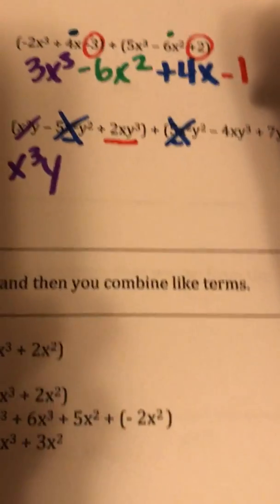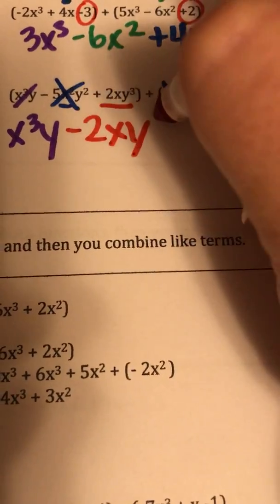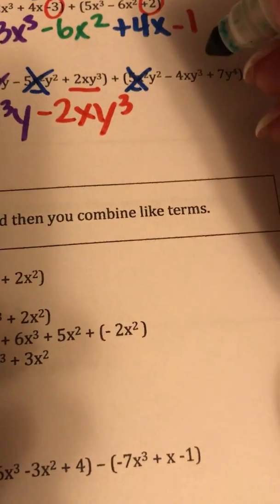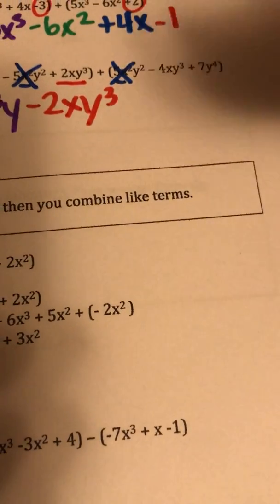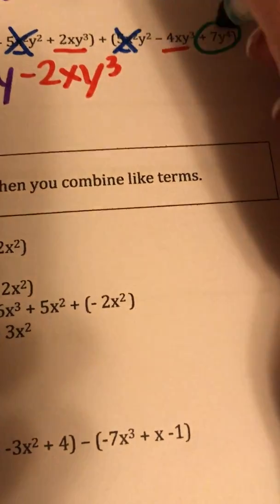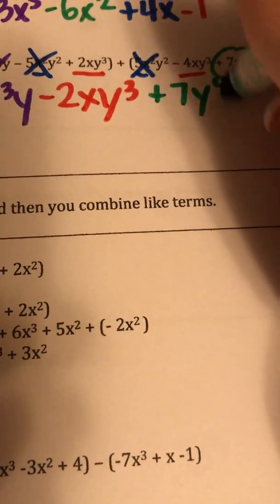So I can combine these two, and that's going to give me minus 2xy to the third. Finally, we have this one left, plus 7y to the fourth.